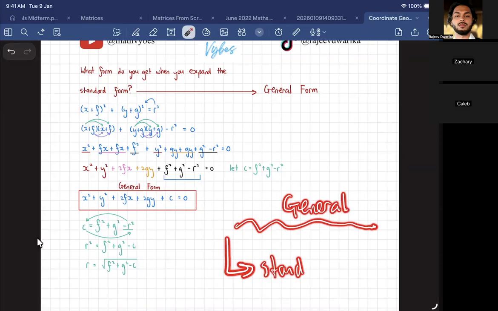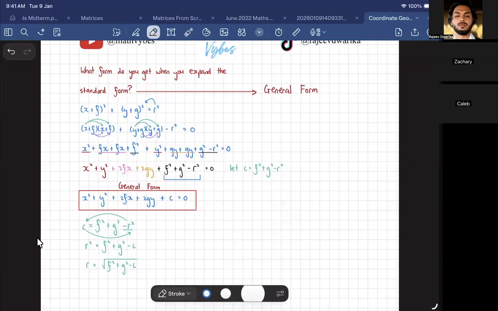You'd have to find R. That's what you would have to do. Remember, if you have the general form, what are the things you could pull out from it? You could pull out F, G, and also C. And remember, the standard form has R in it.